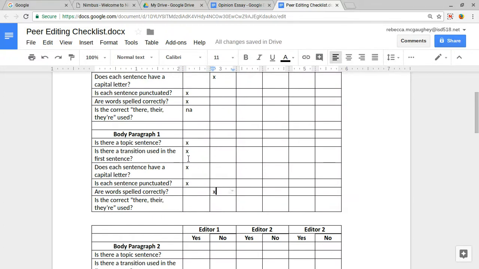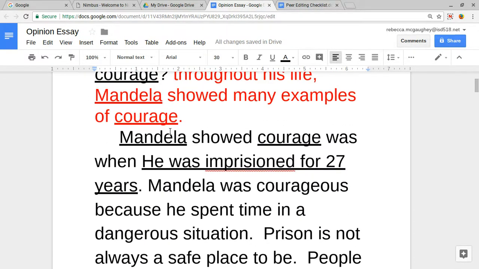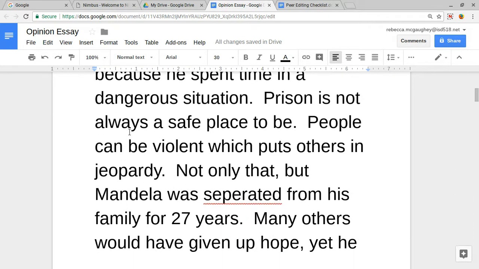Is the correct there, they're, and their used? So now I have to pan through and look for any there. I'm just looking at my words, I'm not reading the sentence. I'm looking at each individual word and I'm looking for any there, they're, and their.